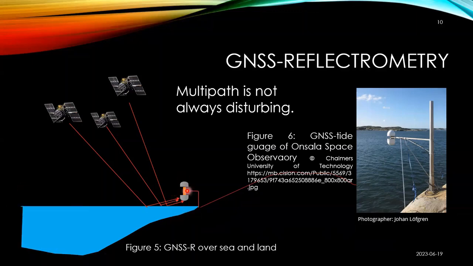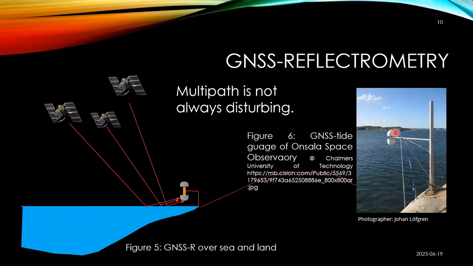You see that these are the double antenna. One is upward, one is downward. The downward one is for getting the reflection. Here I have shown it for the ocean as a tide gauge. For example, on the right-hand side, this is a real case of a GNSS tide gauge, at the Onsala Space Observatory of Chalmers University in Sweden.